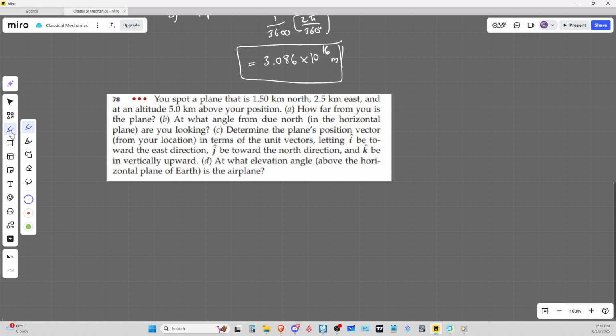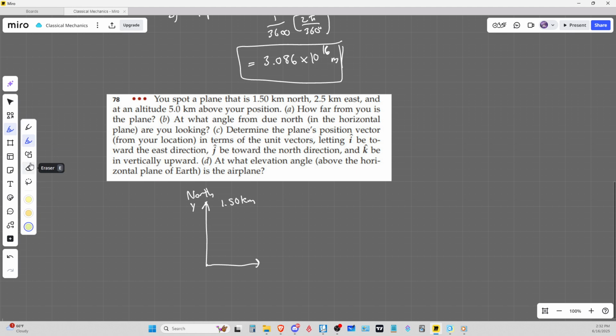Let's see, you spot a plane that is, let's just draw this, kilometer north, just the y-axis. Actually, let's write this in.